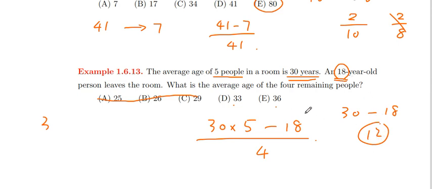So we just increase by 12, divided by 4. So we can put 3 on each one, so the answer should be this.